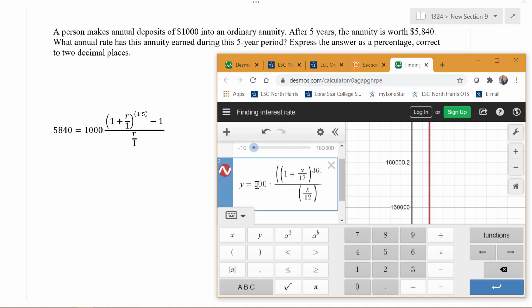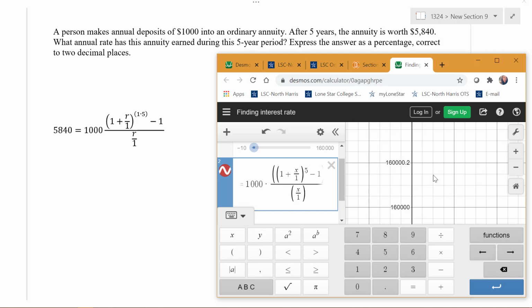And I'm going to make some changes to my formula. I'm going to change that to 1,000. And remember, we're replacing r with x, so that's fine. I have an m value of 1, so I'm going to change that to 1. And then 1 times 5 is 5, so I'm going to change that to a 5. Everything else is going to stay the same.